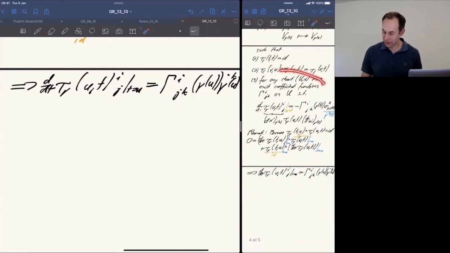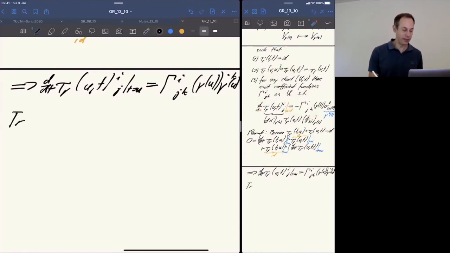We said that here we choose a chart, and for a chart there exist these little gammas or big gammas. And of course, they may be different for different charts. And they are different for different charts. And it will be important to understand how they transform.